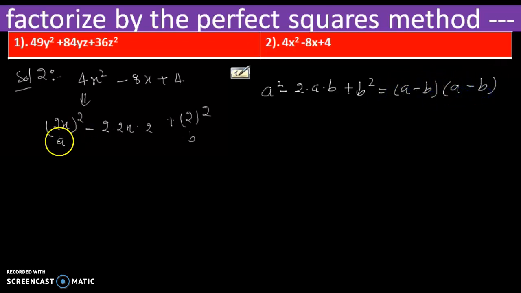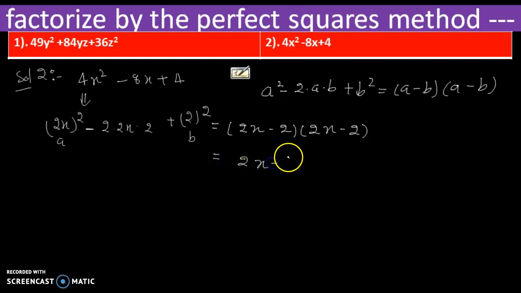So first thing we know that a is equal to 2x and b is equal to 2. So we write it as (2x minus 2) into (2x minus 2). And further we can write it (2x minus 2) whole square.